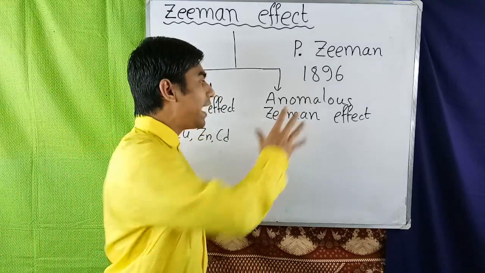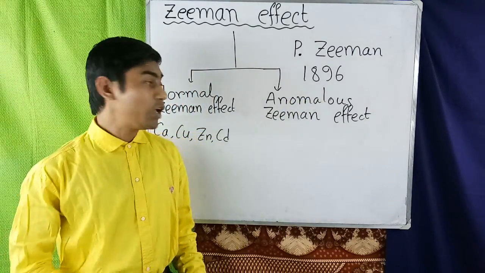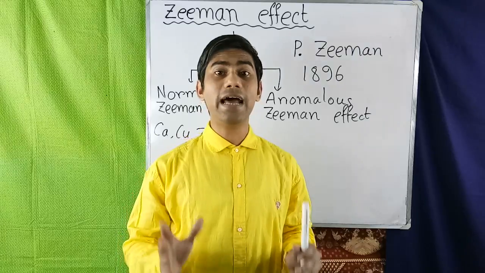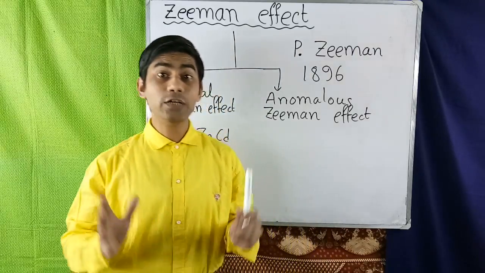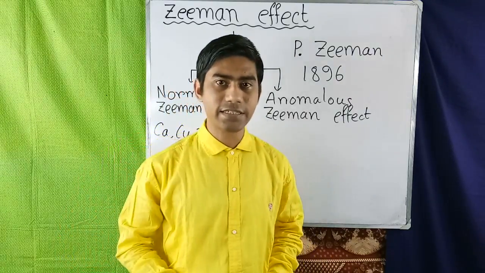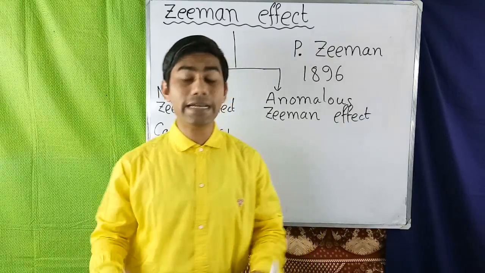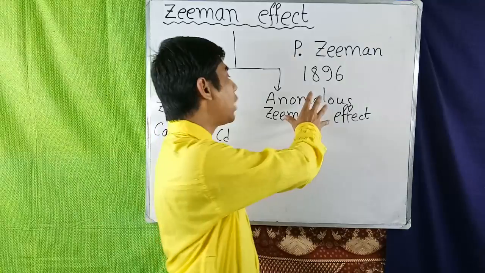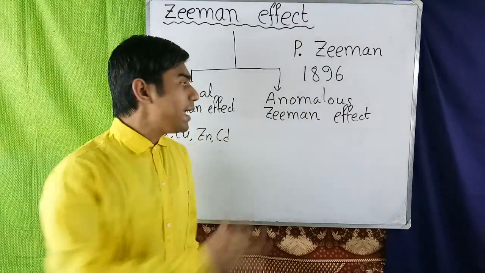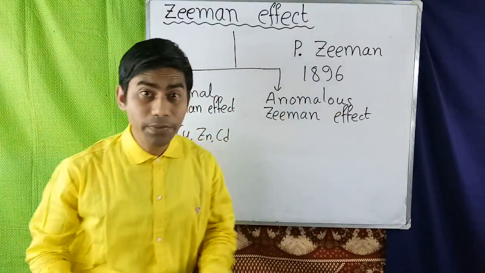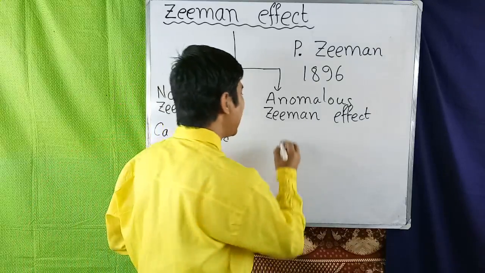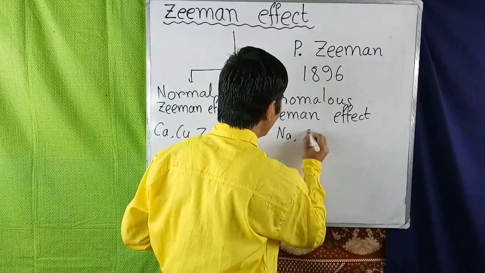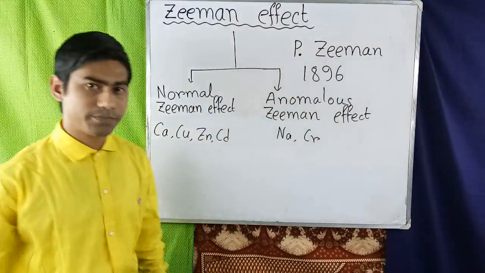Now, what is the anomalous Zeeman effect? When a single spectral line is split into four or more lines when observed in a direction perpendicular to the magnetic field, it is known as the anomalous Zeeman effect. The anomalous Zeeman effect is obtained from elements like sodium, chromium, etc. Okay.